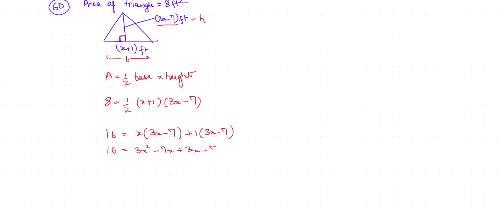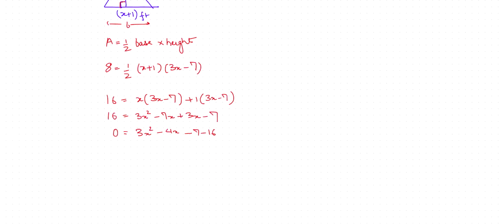On simplifying, this gives us 0 is equal to 3x square minus 4x minus 23. So now we can use the quadratic formula. A is 3, B is negative 4, and C is negative 23.